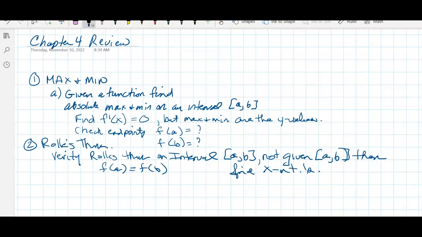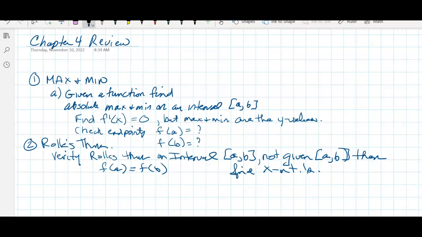Because if you find your x-intercepts, and you got 2 of them, then f of A equals f of B because they both come to 0. All right? That was one of the other things we kind of talked about. Find your x-intercepts. Once you have determined that you can do Rolle's theorem, the last piece, let's suppose we're back on the interval, or whatever this interval is you found with your x-intercepts, how do you check it then?